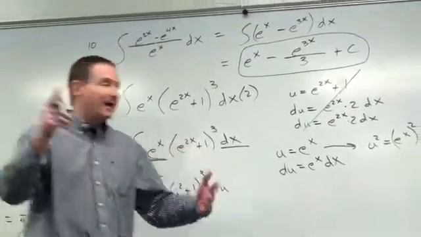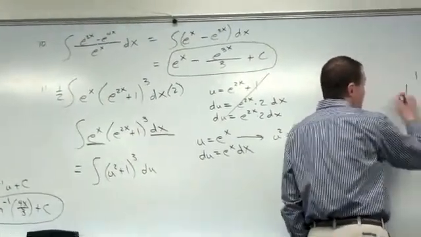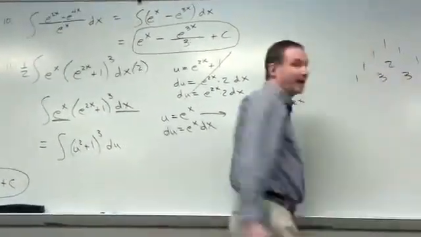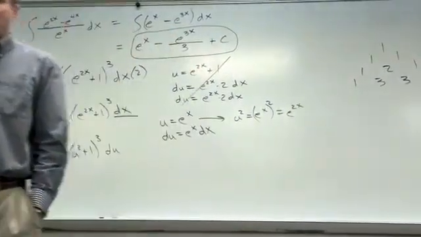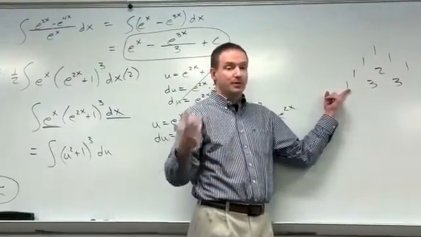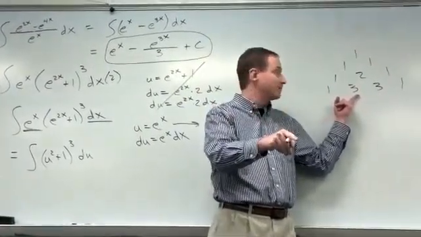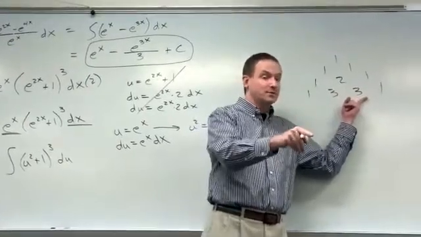Pascal's triangle tells us that anytime you want to cube something, it's just going to be 1 times the first number cubed, plus 3 times the first number squared times the second number, plus 3 times the first number and the second number squared, plus 1 times the third number cubed.